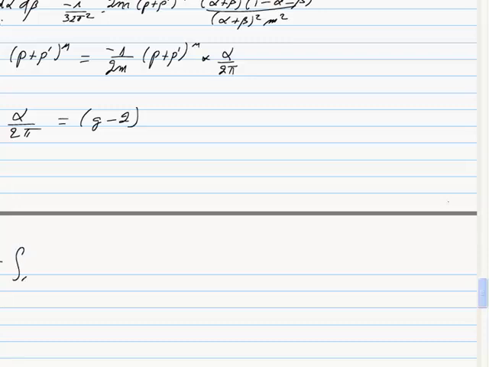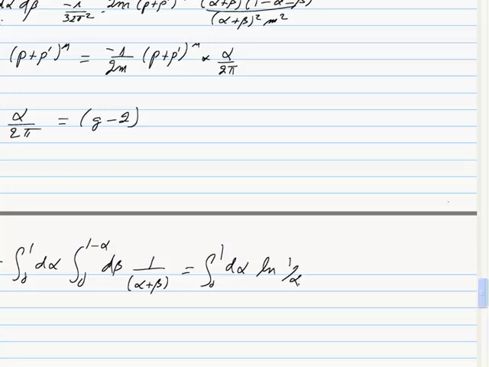You end up doing integral 0 to 1 d alpha, integral 0 to 1 minus alpha d beta, 1 over alpha plus beta, which is integral 0 to 1 d alpha log of 1 over 1 minus alpha, the upper limit of alpha plus beta being 1, the lower being alpha. That integral is just 1. The other integral, as I said, was a half, so that gave me my factor of 2. So there's that whole calculation.